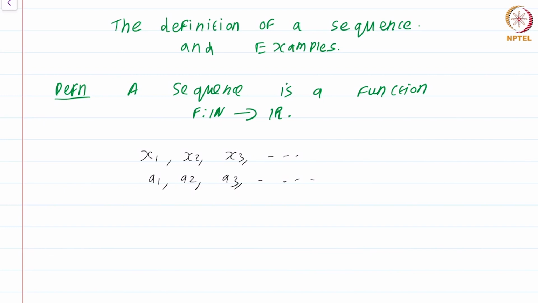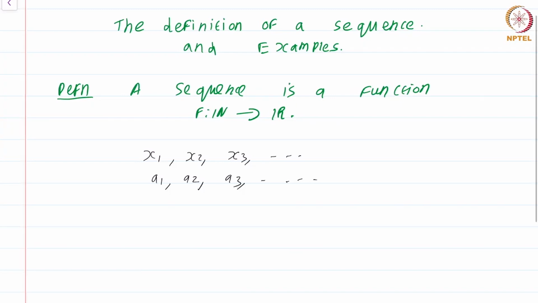Often we will just list 3 or 4 terms and it should be apparent what the rest of the terms are. You should be able to guess what the rest of the terms are. Okay. So this xi is just supposed to be f of i. So essentially sequences are just lists. Please connect this back to the definitions of countability.